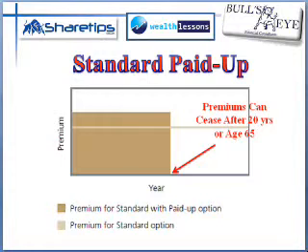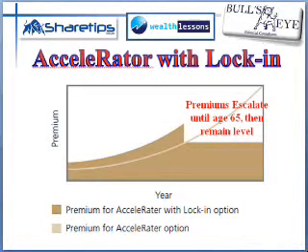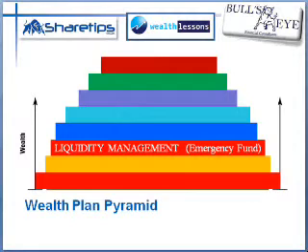You pay a premium, and then at the end of 20 years or the end of age 65, the premium stops, it's paid up, but I've got my life cover guaranteed for life. Accelerator with a lock-in, that's another option. So I pay a lower premium now, but it locks in at a certain level premium by, let's say, age 65 as well. I don't have to worry about my premiums going up, and my life cover is guaranteed. In fact, in many cases that life cover escalates. So there's a lot of options.